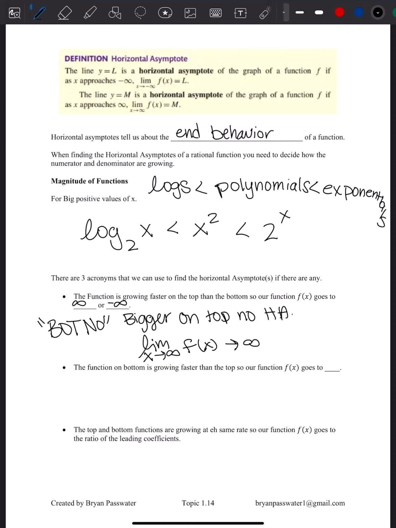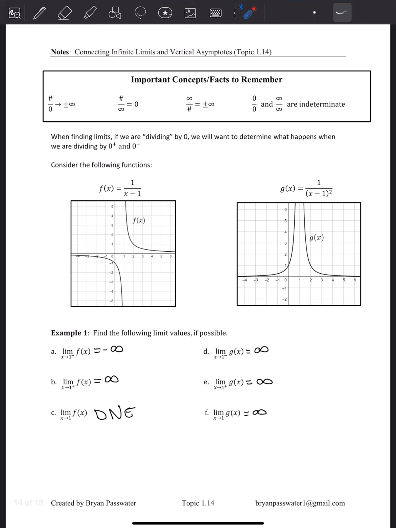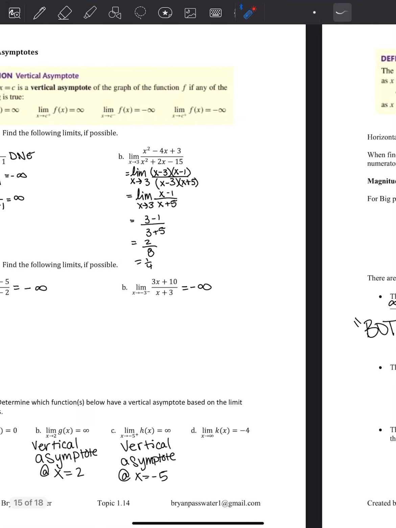It's behavior that grows without bound. On the other hand, if the function on bottom is growing faster than the function on top, then f of x is going to go to 0. So this kind of goes back to the thing at the very beginning: if we have something over infinity, it's going to be 0, and if we have something where infinity is on top, we're going to be looking at that positive or negative.